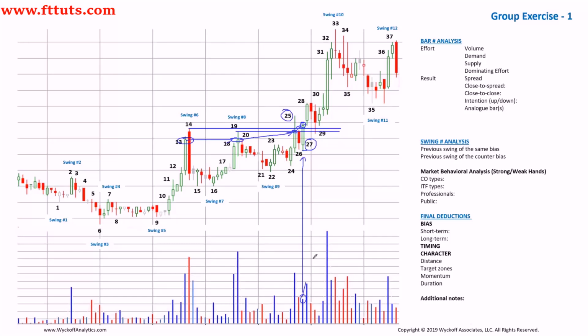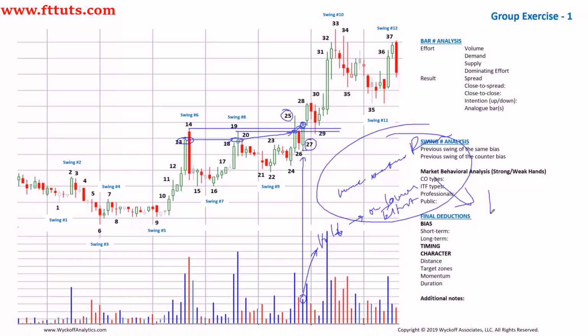It also happens on the smaller volume signature, on diminishing volume signature. So a much better result on lower effort suggests not just a bullish picture, but also suggests ease of movement.